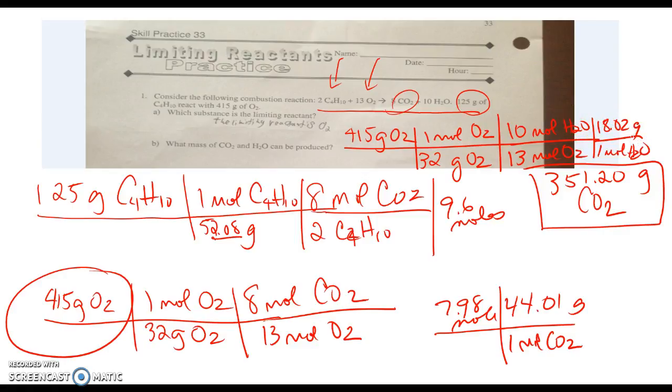So 415 divided by 32 times 10 divided by 13 times 18.02. I think the answer will be 179.77 grams of H2O. Just check the math. So we had to do 2 things here to figure out what was the limiting reactant.